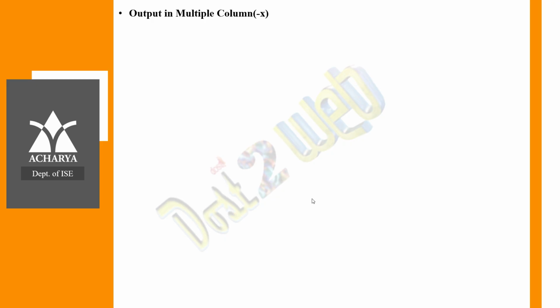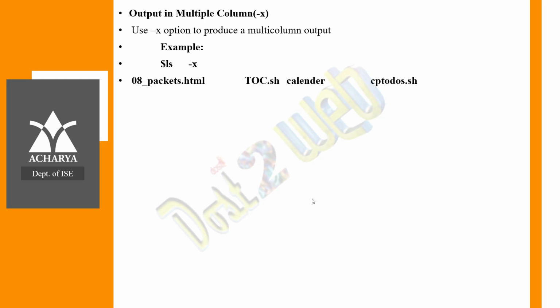Here is the example: ls hyphen x. Whichever directory you have executed the command in, just type minus x and see what result you get. Everyone please try. Okay, so here you can see that when I give ls, this is the result, right.